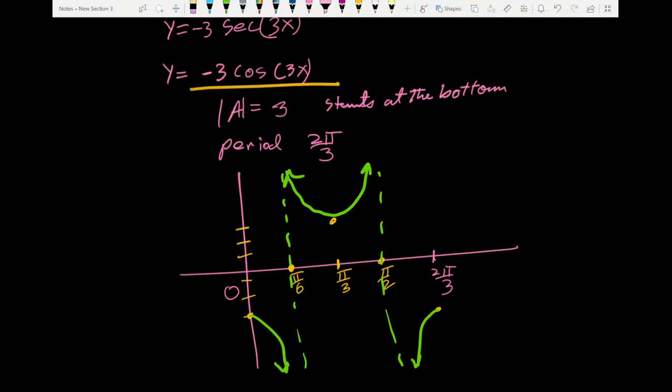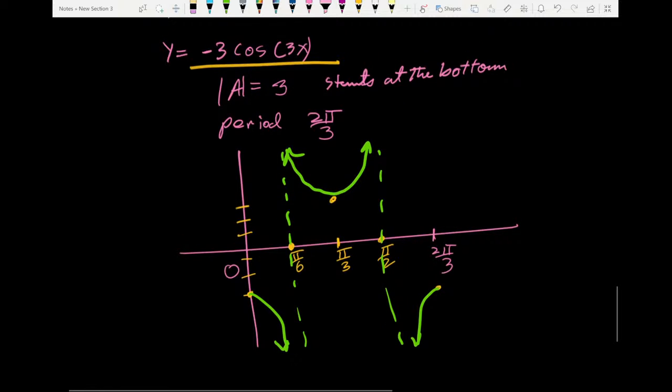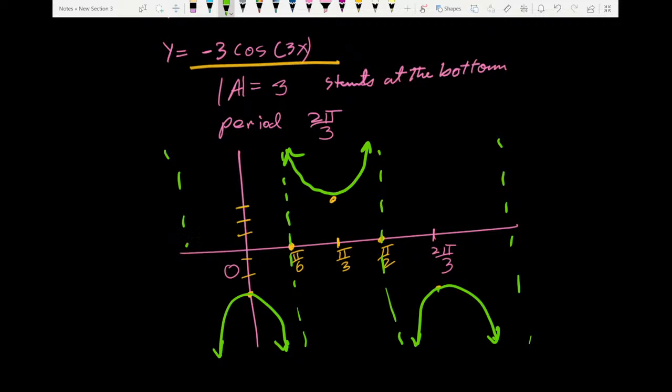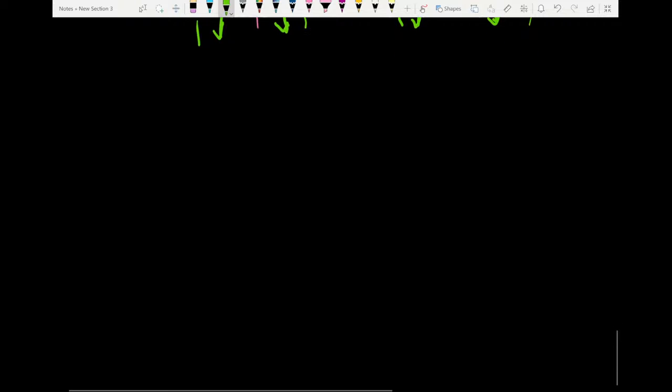It's that simple. Now, this is one period. It doesn't mean that it's done. If I would have continued it, my graph would have looked like that. Then it would have looked something like that. I just chose to draw one period.